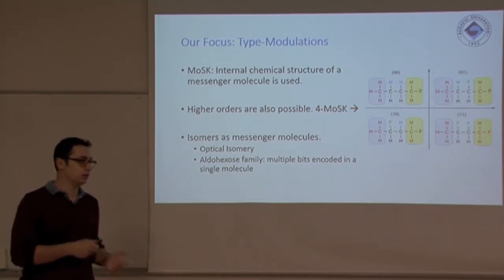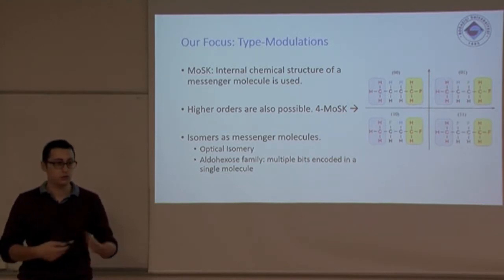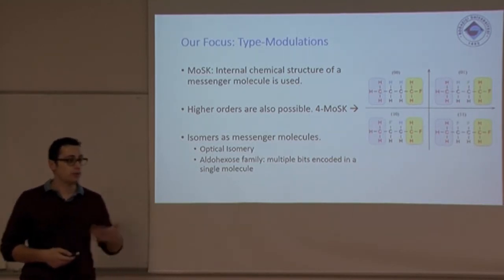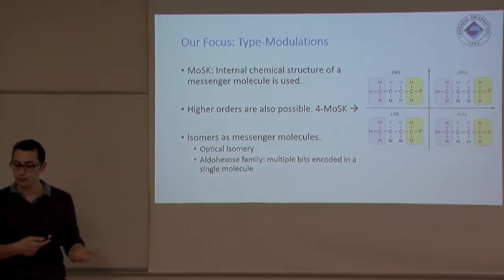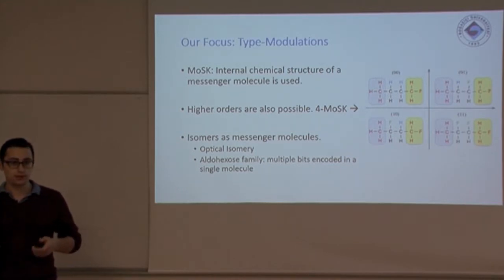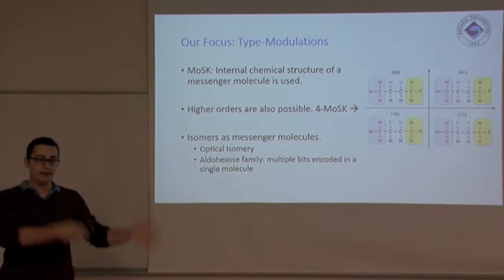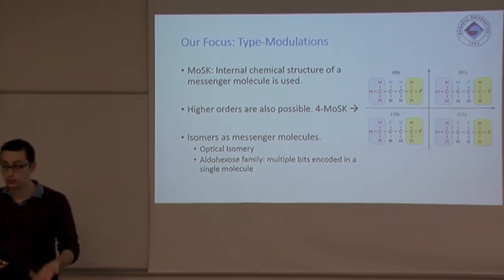Of course, the bigger the molecule gets, the slower it diffuses. But if we are able to encode more and more information in a single molecule, we can carry this information, and at the receiver end, we can actually surpass the bad channel behavior, if you will.